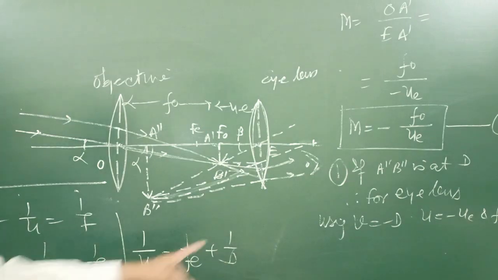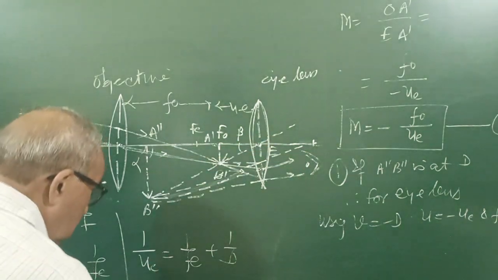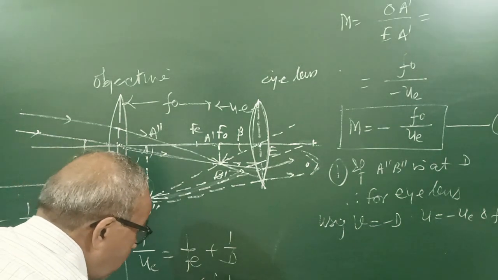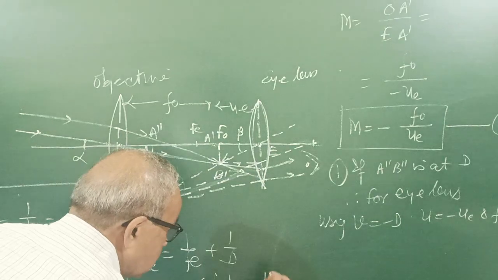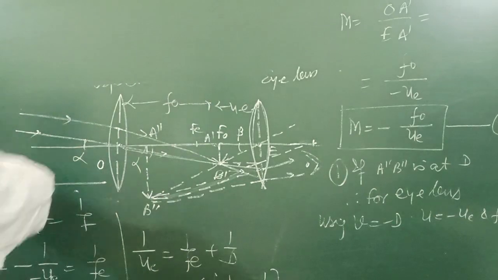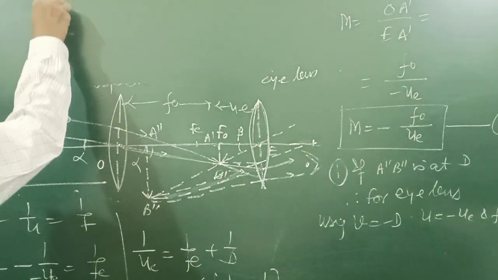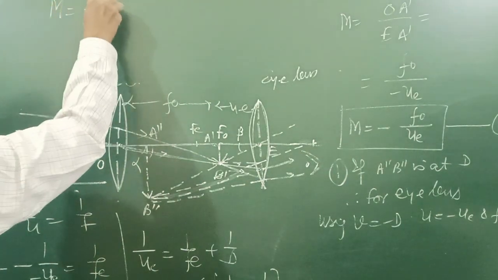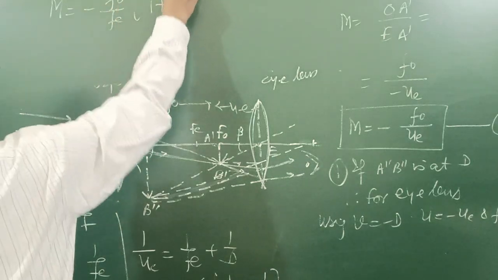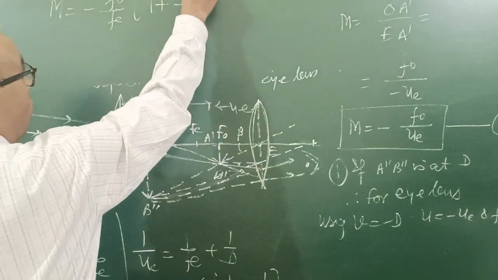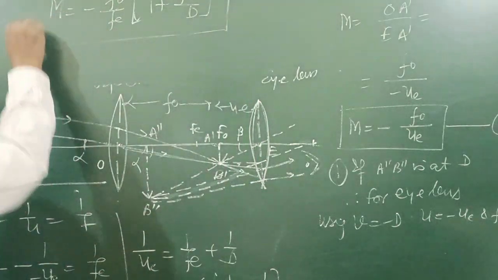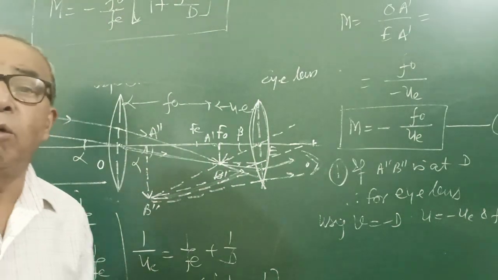Using this value of 1 upon U in equation 1, we get m equal to minus FO into 1 upon FE plus 1 upon D, or m equal to minus FO upon FE into 1 plus FE upon D.